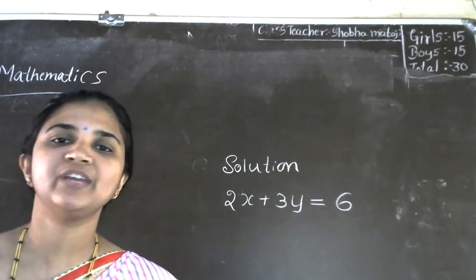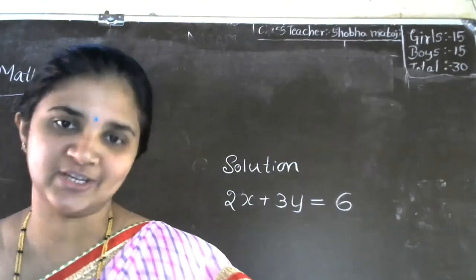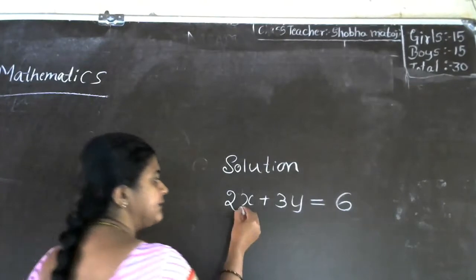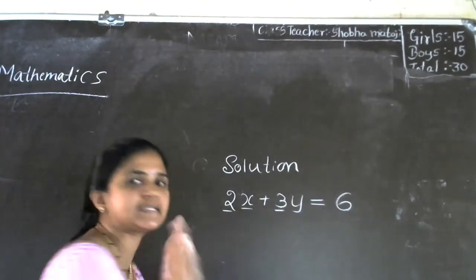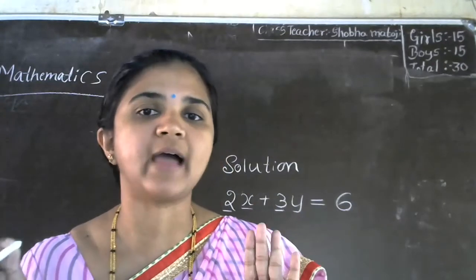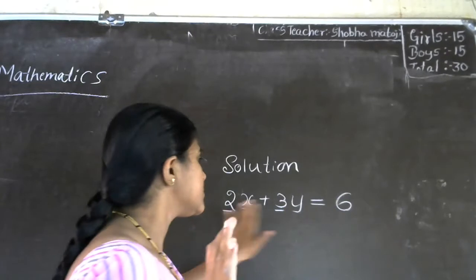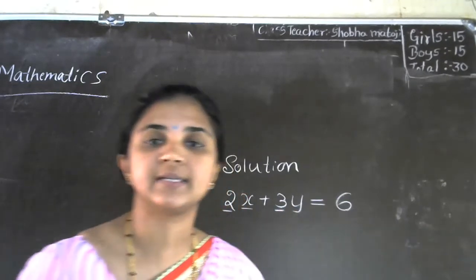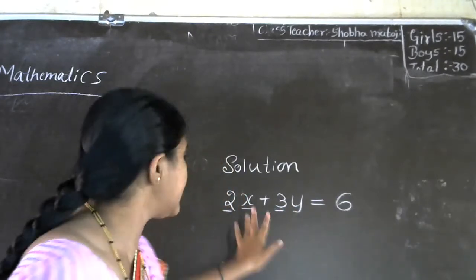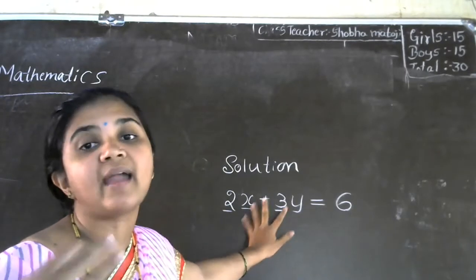Now we have to verify the solution. For what numbers are we calling it a solution? Here 2, 3 and 6 are constants and fixed; you cannot change them. Only x and y are variables which we can vary.